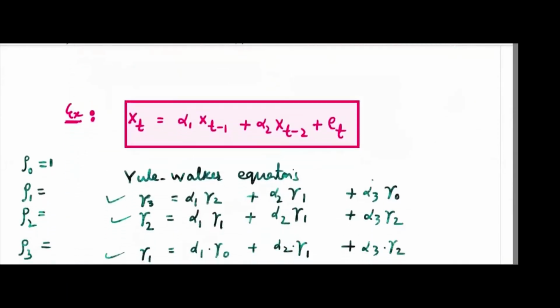So you remember the equation. Here we'll solve it. How to solve this difference equation? Rho t is equal to 5 upon 6 rho t minus 1 minus 1 upon 6 rho t minus 2.